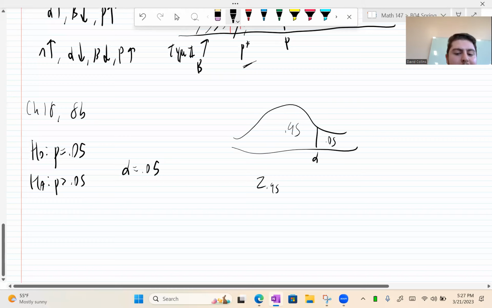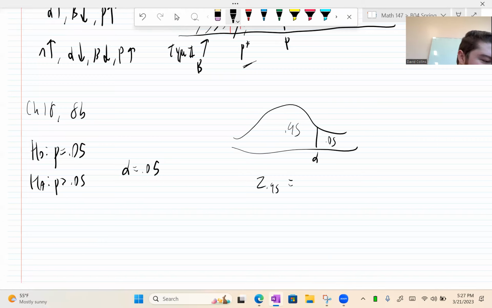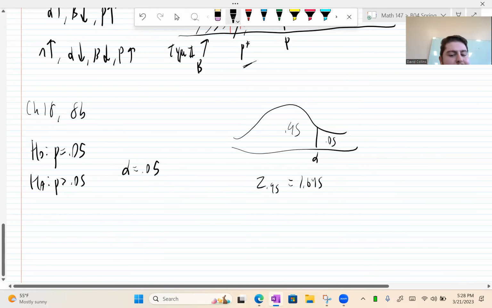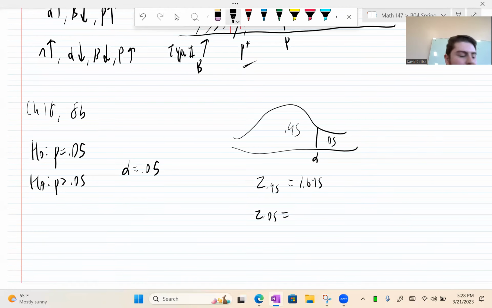So the z-score corresponding to 0.95 area is, well, we know this, it's 1.645. If you go to the z-score corresponding to just 0.05, well, that's negative 1.645. You guys see what I mean? So if you go to the negative version of the z-score, you get the exact p-value. And I'm pretty sure that's what it's asking.